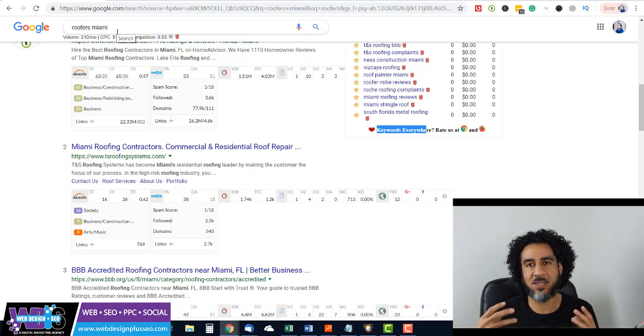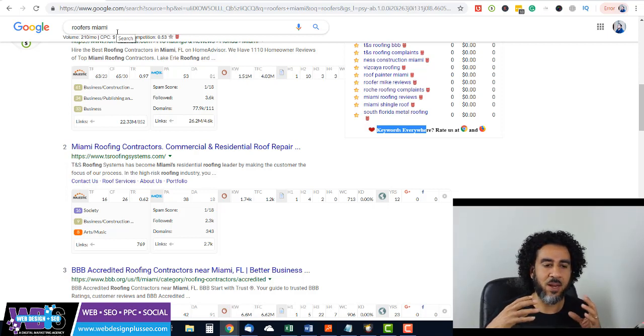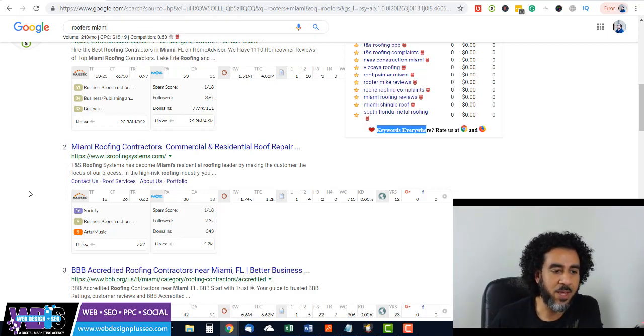It doesn't have to be exactly the same keyword, but roofers, roofing, are basically synonyms, different ways of saying the same thing. But they also have the word roofing here, which gives more relevance to our actual search term. Google tends to bold things that are relevant in the search.